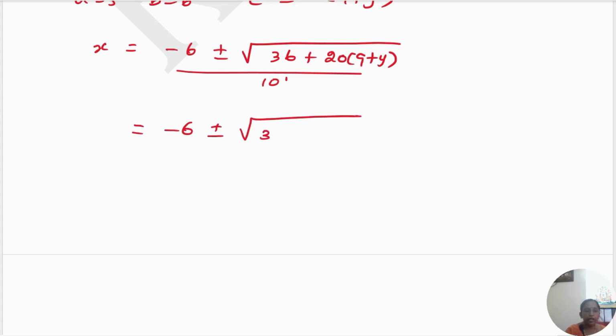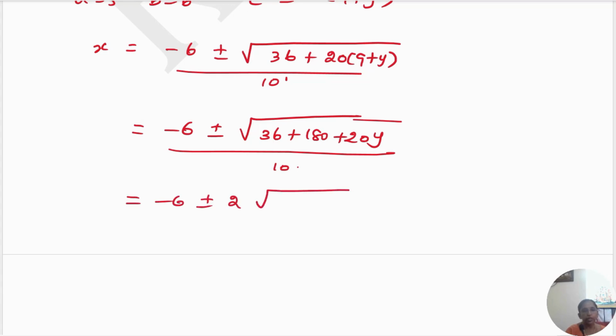This will be 36 plus 180 plus 20y divided by 10, and you can take your 2 outside. Root of 54 plus 5y divided by 10 here.